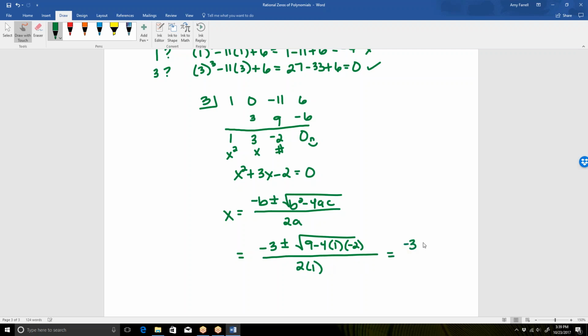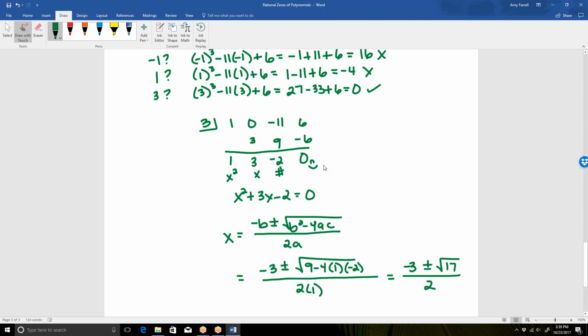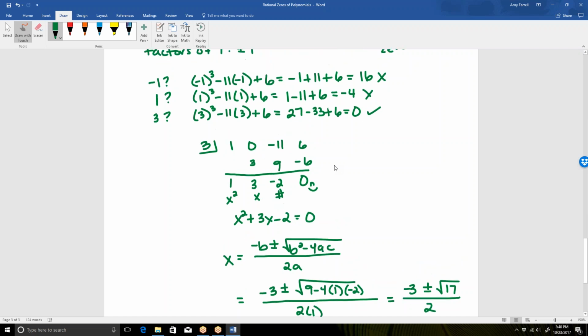This would be -3 plus or minus the square root of 9 plus 8, which is 17, over 2. Okay, so my other 2 solutions are irrational. So like I said, I wouldn't have had any luck had I continued to check the potential rational ones. I would have found just the number 3 that works.